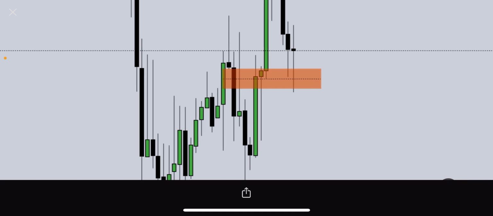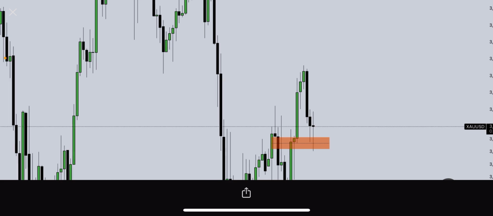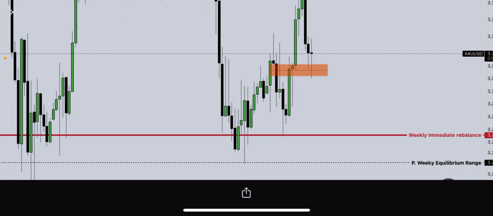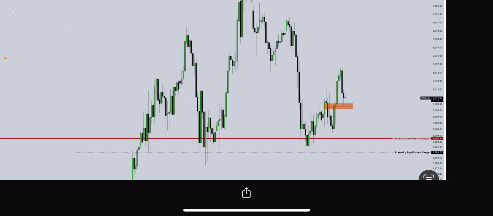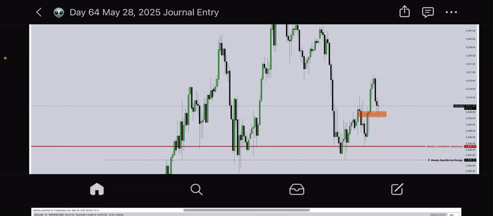So we had this inversion reaper. In a reaper inversion, you have a breaker and an inversion fair value gap inside the breaker. So it was actually a reclaimed bullish fair value gap.